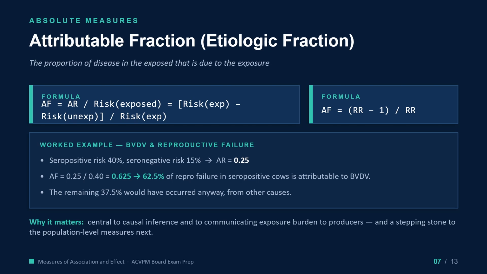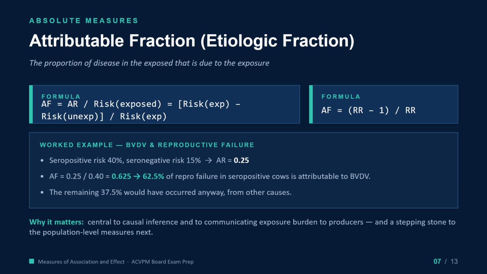Now let's ask, what fraction of disease among exposed animals is actually due to that exposure? That's the attributable fraction. The attributable fraction, AF, sometimes called the etiologic fraction, or EF, takes the attributable risk and expresses it as a proportion of the total risk in the exposed group.